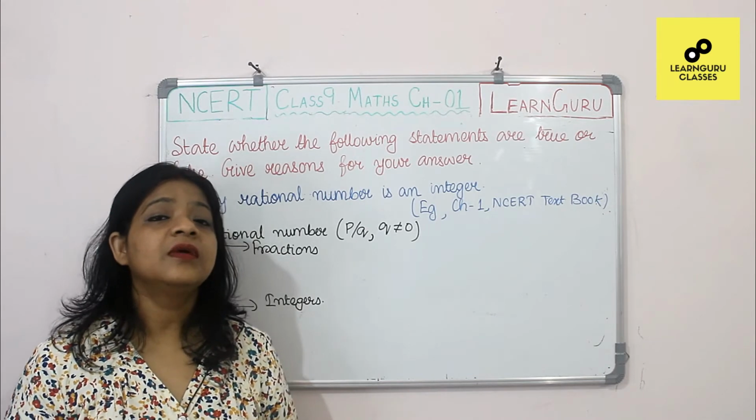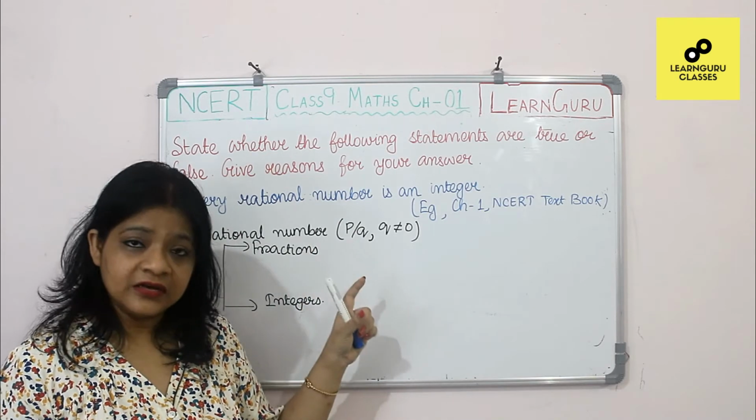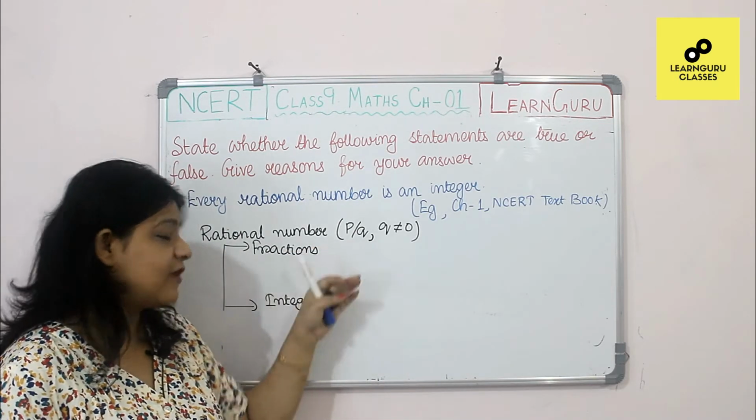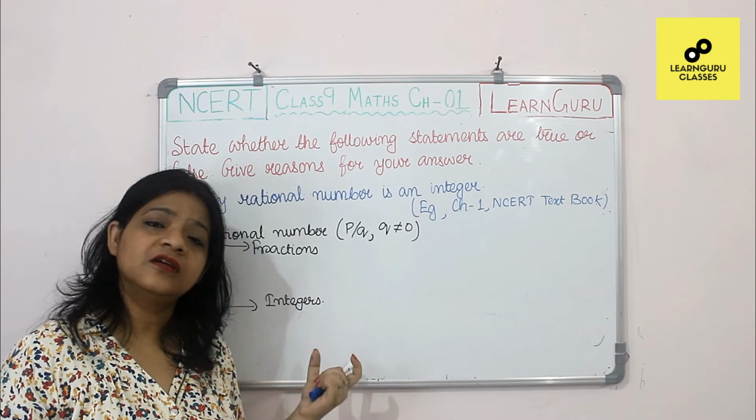So, this statement is not true, because rational numbers consist of fractions and integers. Fraction is one type, integer is another type.